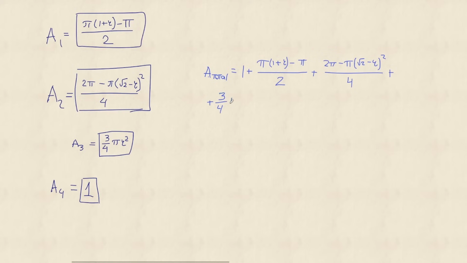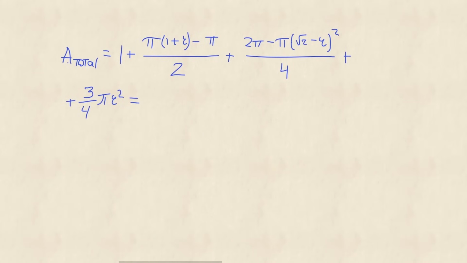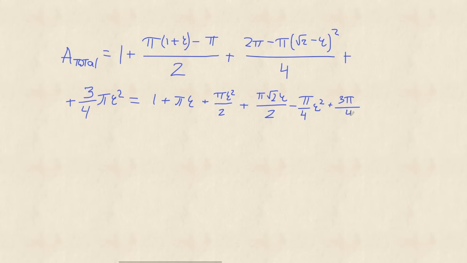So now the only thing we need is to combine like terms and simplify that a little bit, and if we do that, we'll get the following. 1 plus pi r plus pi r squared over 2 plus pi square root of 2 r over 2 minus pi over 4 r squared and plus 3/4 pi r squared.